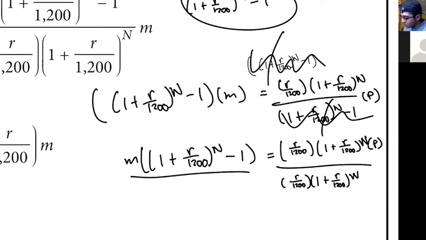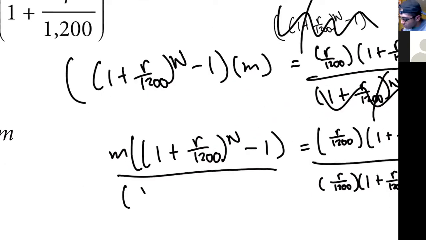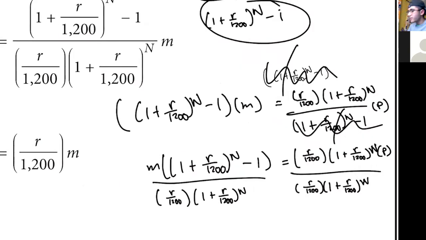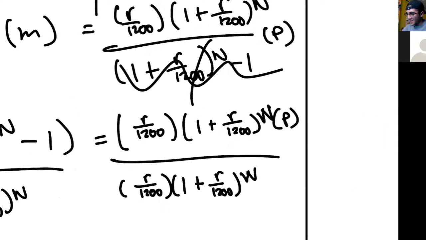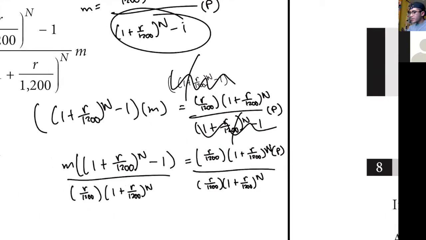So what was it? r over 1200 multiplied by (1 plus r over 1200)^n. So now we have to divide both sides by that value, right? That looks like a W. Oh, God. Yeah, it does. Thank you for pointing that out. Right, n, right? So you got this much, right?